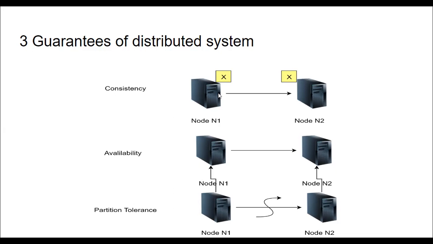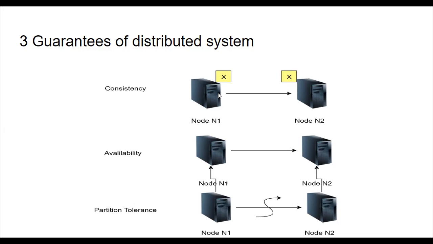Suppose we have a cluster called C, and in cluster C we have two different nodes, N1 and N2. Even if there is a network breakdown between these two, so they are not able to communicate with each other, they'll still be able to support any query that is coming to the database.